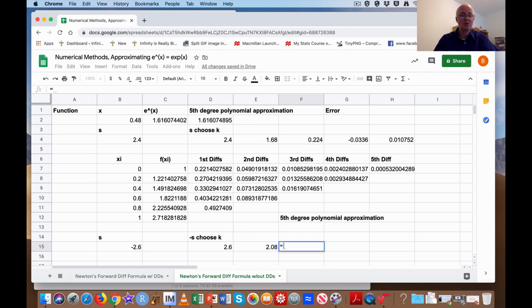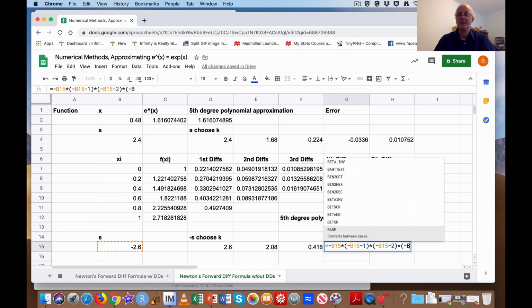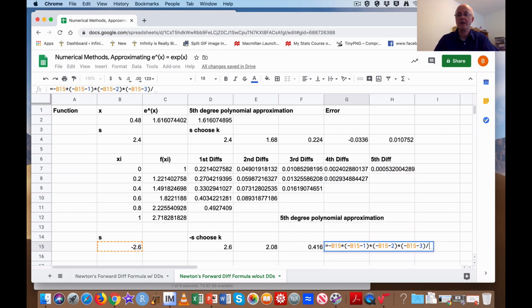Negative s choose 3 will be negative B15 times negative B15 minus 1 times negative B15 minus 2 divided by 3 factorial, 6. Now I want negative s choose 4, negative B15 times negative B15 minus 1 times negative B15 minus 2 times negative B15 minus 3 divided by 4 factorial is 24.